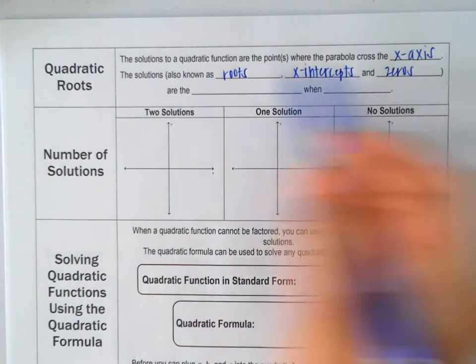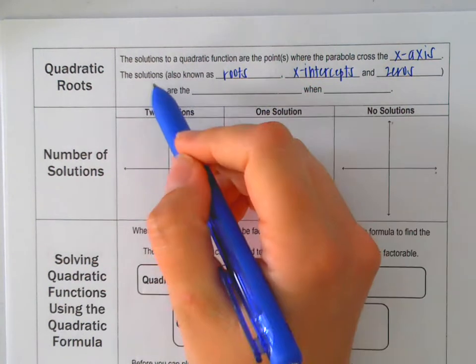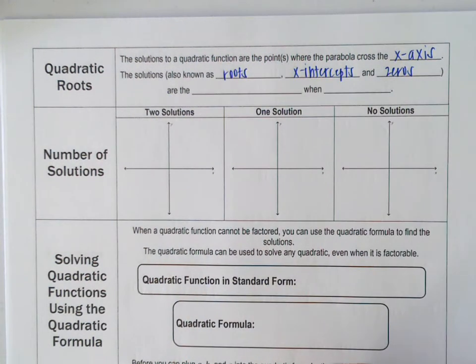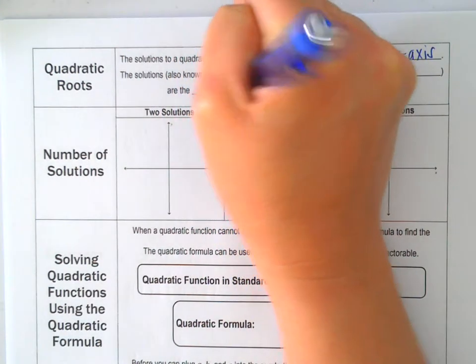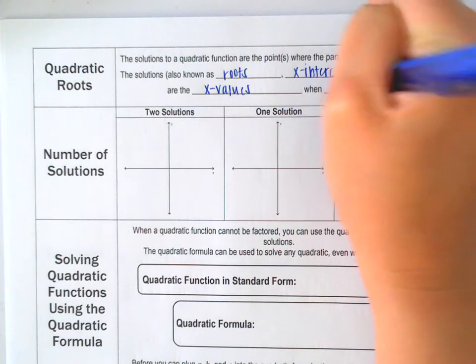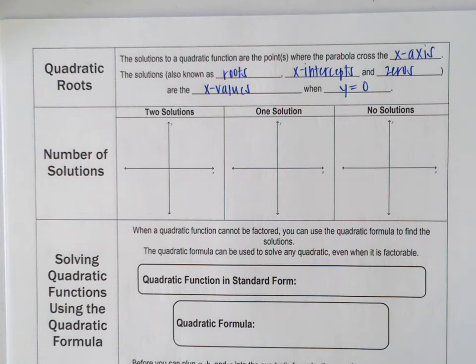So all of those words mean the same thing. Solutions, roots, x-intercepts, zeros are all synonyms. So the solutions are the x values when y equals 0.